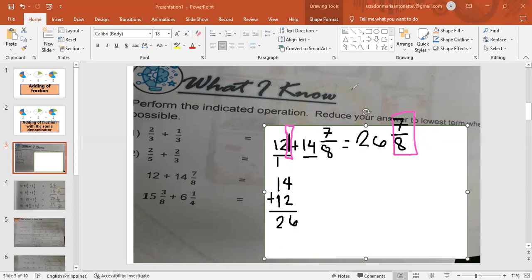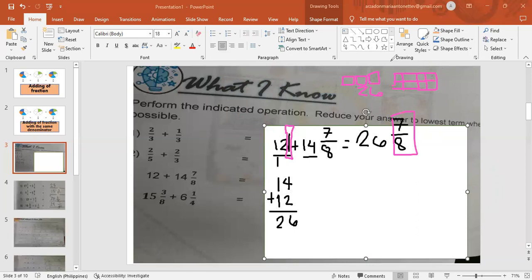So meaning we have 26 rectangles. Like for example, these are the 26 rectangles, and the other rectangle is not complete, meaning in one rectangle there is 8 parts. 1, 2, 3, 4, 5, 6, 7, 8.